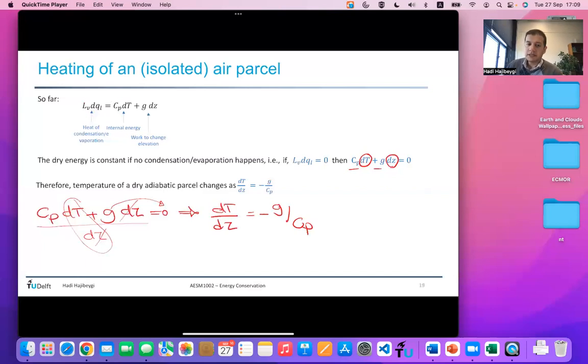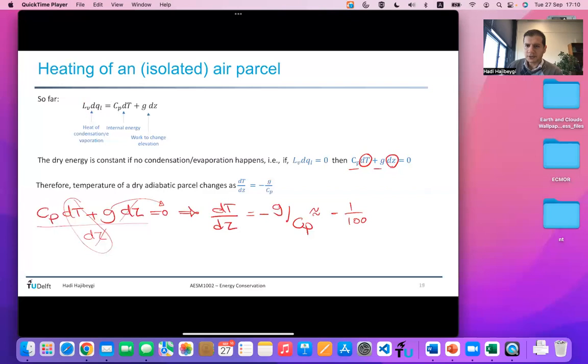Fantastic. It means if I change my elevation by 1 kilometer, which is 1,000 meters, you can now estimate how much the temperature will change. As I said, Cp can be approximately set as 1,000. G is roughly 10. 10 divided by 1,000 is roughly minus 1 over 100.